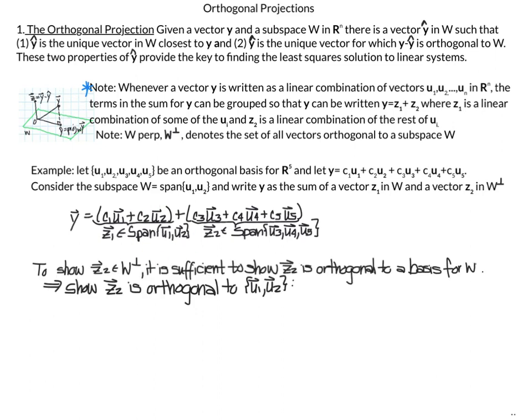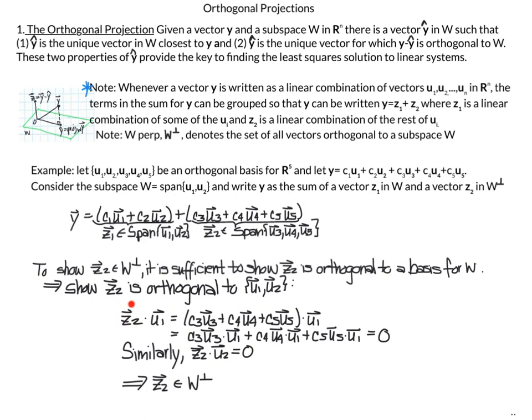So looking at this definition, to show z2 is in W perp, it is sufficient to show that z2 is orthogonal to a basis for W, because W perp is the set of all vectors orthogonal to W in this case. Our basis is going to be u1 and u2.